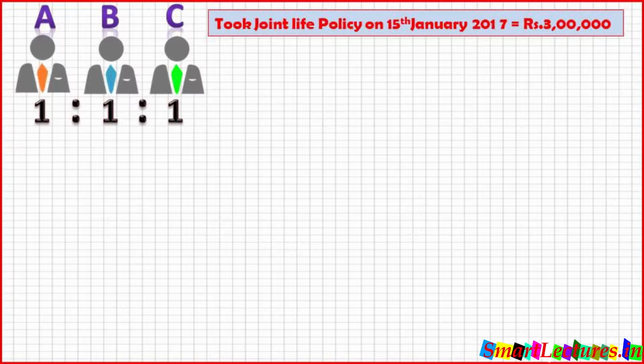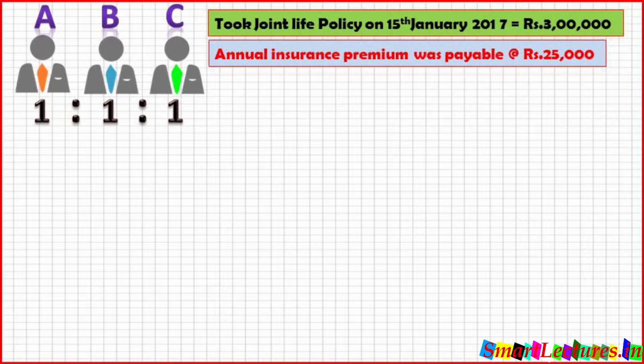Suppose A, B, C were three partners sharing profits and losses in the ratio of 1:1:1, and they took a joint life policy for rupees 300,000 on 15th January 2017, and the annual insurance premium was payable at rupees 25,000.